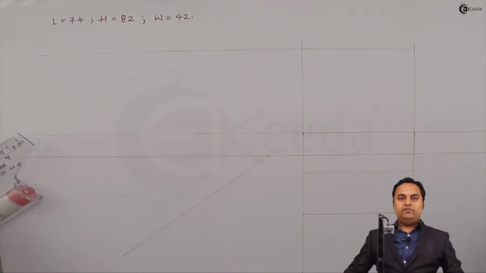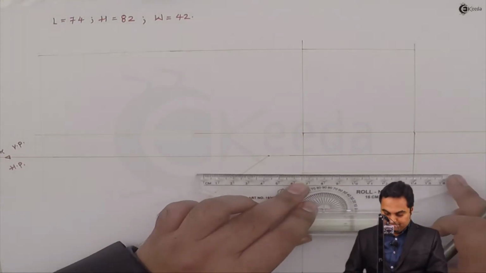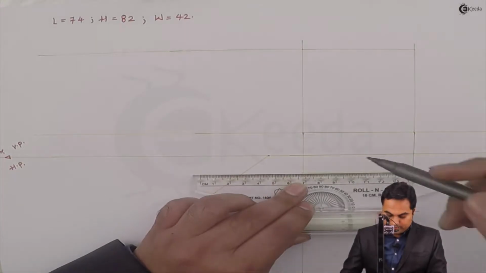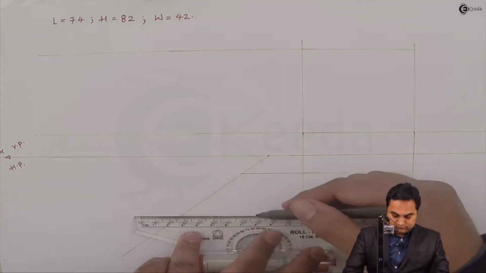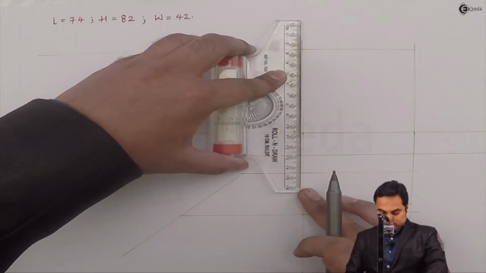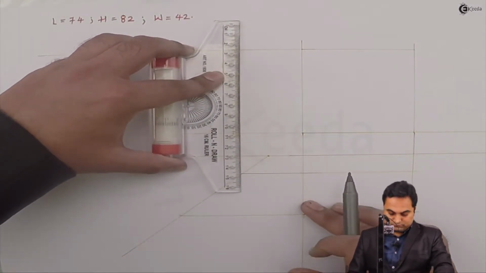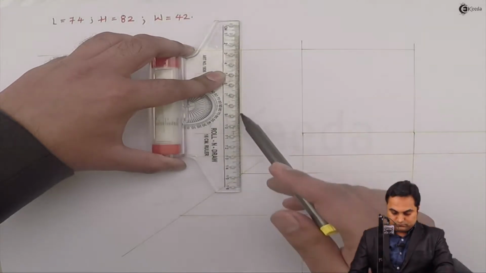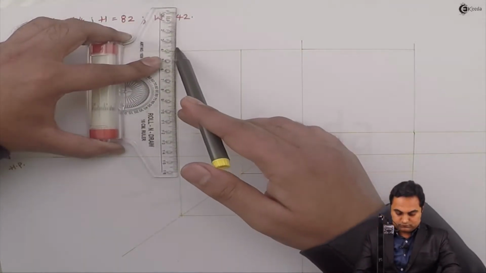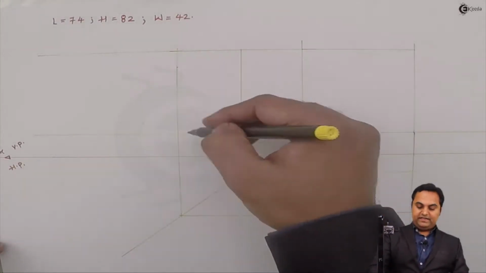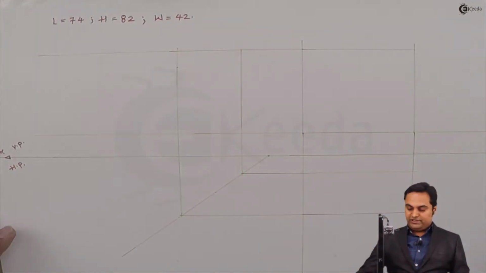So projecting the width from the top view. So this is the rectangle inside which I'm going to draw the side view.